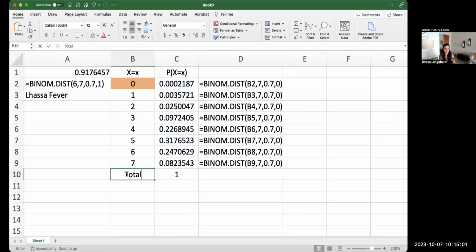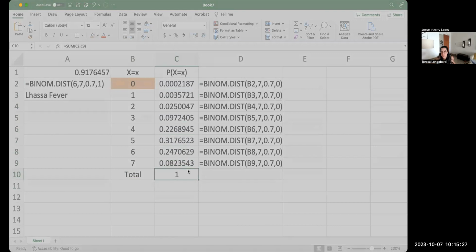And you have the entire distribution, and you see it's not symmetric. It's small and then it gets bigger and then it goes down, and it looks kind of skewed. If you were to draw this, it would be spikes, because it's a discrete distribution.